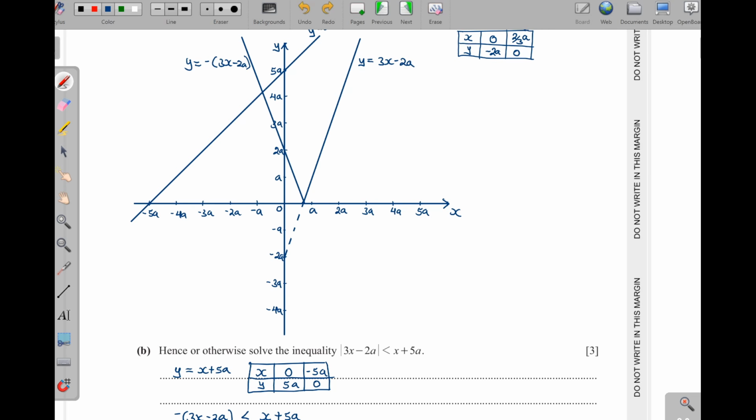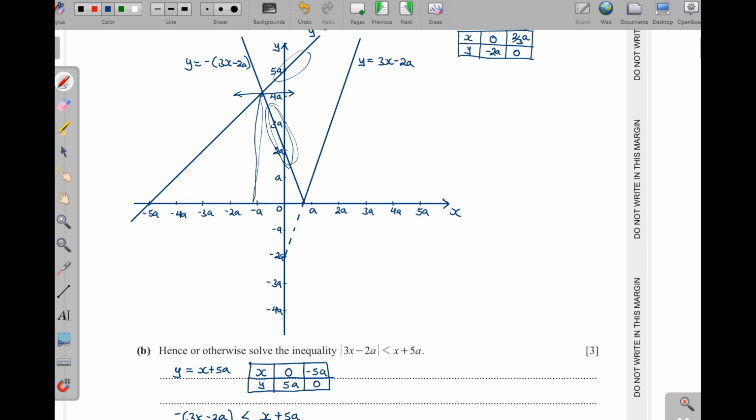Now, where these two meet, we can look at the right side and the left side. When you look at the right side, this line here is above this one here. In other words, this part of the modulus is below this one here.